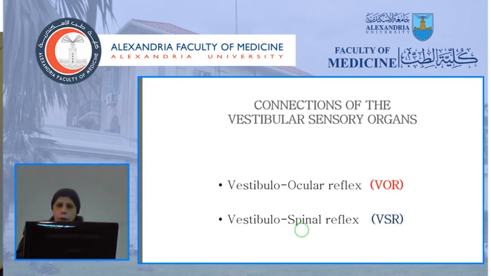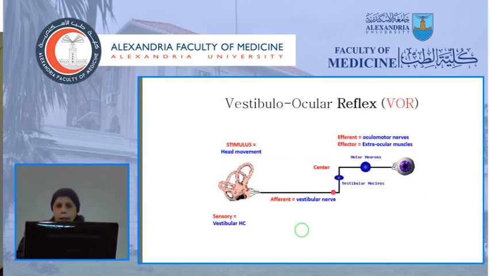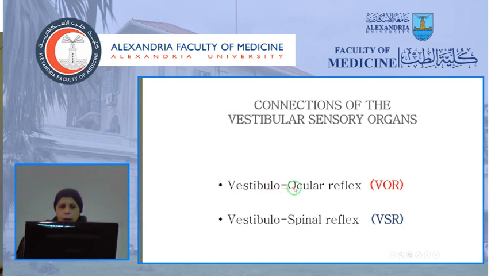Now we took the history and we know the anatomy of the vestibular apparatus. How is the vestibular apparatus connected such that it gives us these symptoms? First of all, the vestibular apparatus is linked to the eye through what we call the vestibulo-ocular reflex, and its main function is to keep the eyes or the gaze in a stable position, and this very much helps you to keep your body equilibrium and balance.